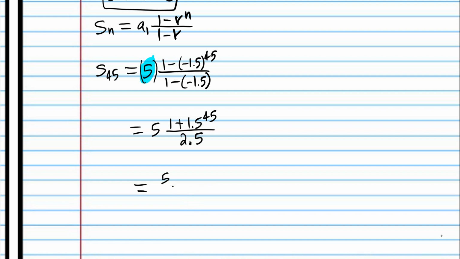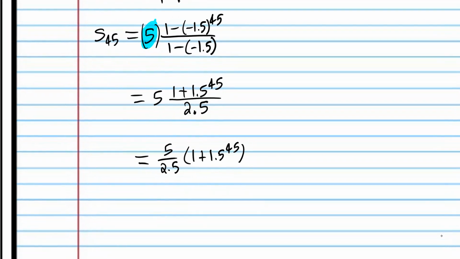So we have 5 over 2.5, which is obviously 2. So the final answer is 2 times 1 plus 1.5 to the 45th power.